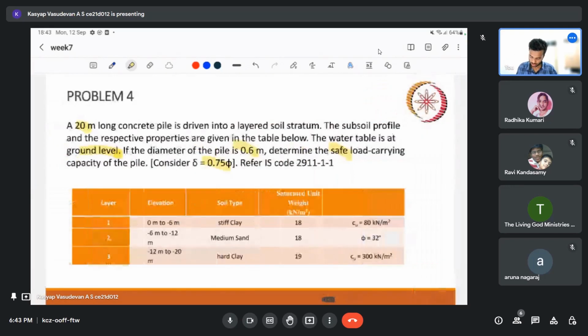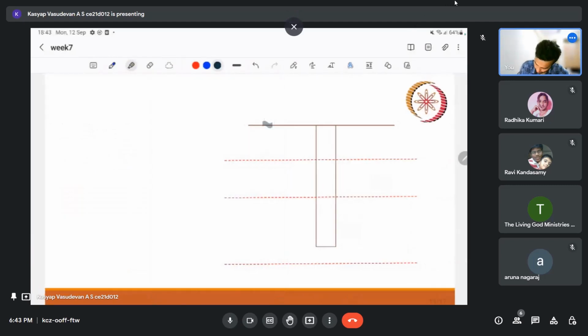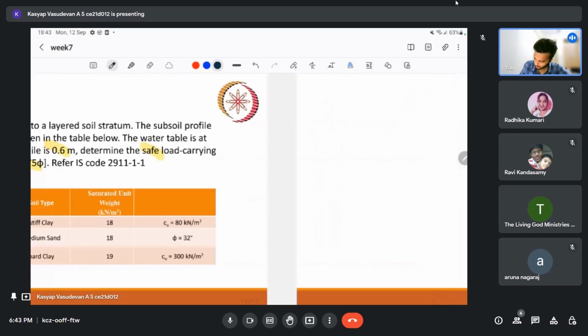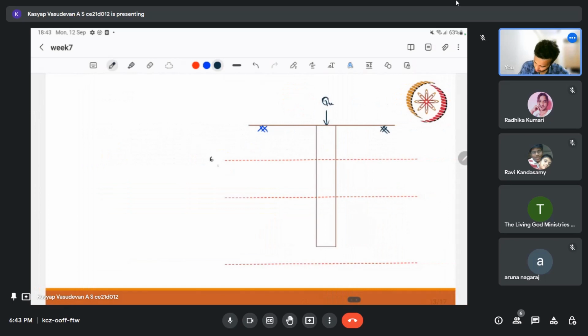So let us just have an idea about the question. What are the levels that we have? 6, 12, and 20. 6 meter, 12 meter, and 20 meter.